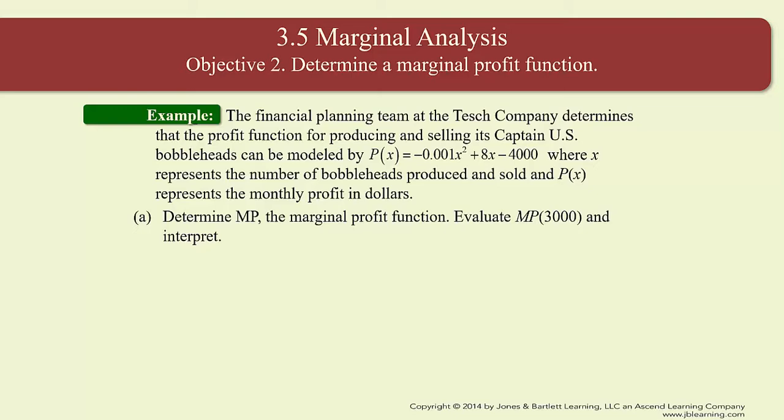Once we determine marginal profit, we're going to evaluate it at 3,000 and we're going to interpret. And then part B, we're going to evaluate marginal profit at 5,000 and interpret. And then there's a couple of other items I'm going to show you when we get to the board about this situation. So let's head off to the board and work through this example.